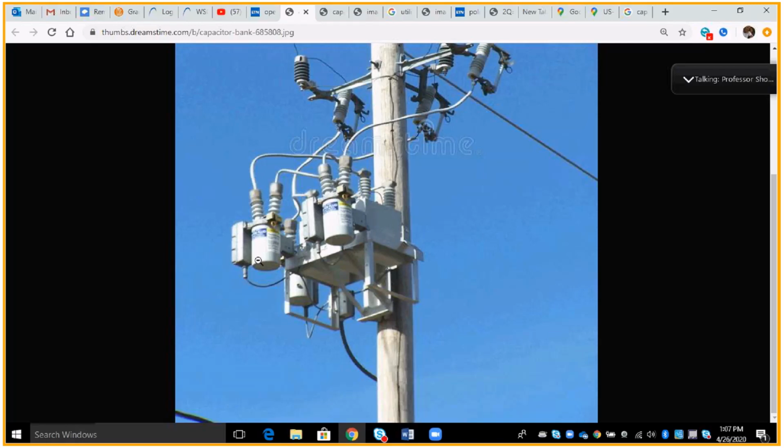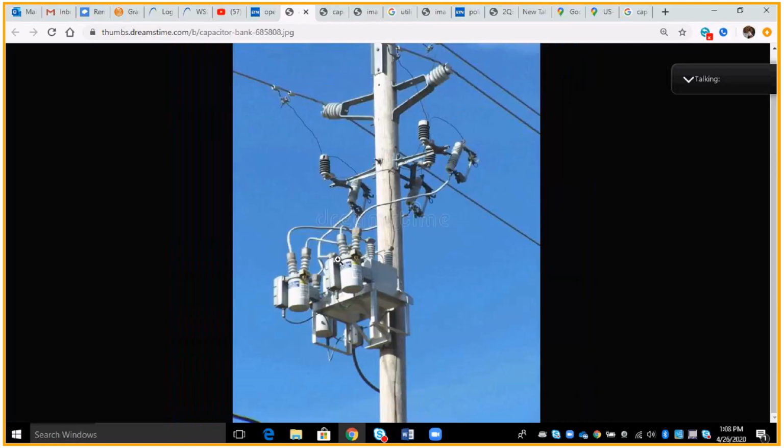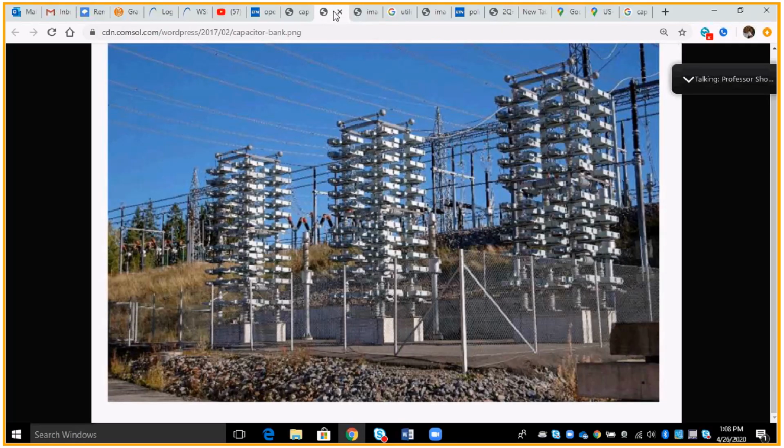You can get these racks and actually stack units or parallel units. So if I got a bigger rack here and I put two 200s for this phase, two 200s for this phase, and two 200s for this phase, so 400, 800, 1200, that would be a 1200 kVAR capacitor bank. There's lots of combos that can go on as far as the kVAR that you need.